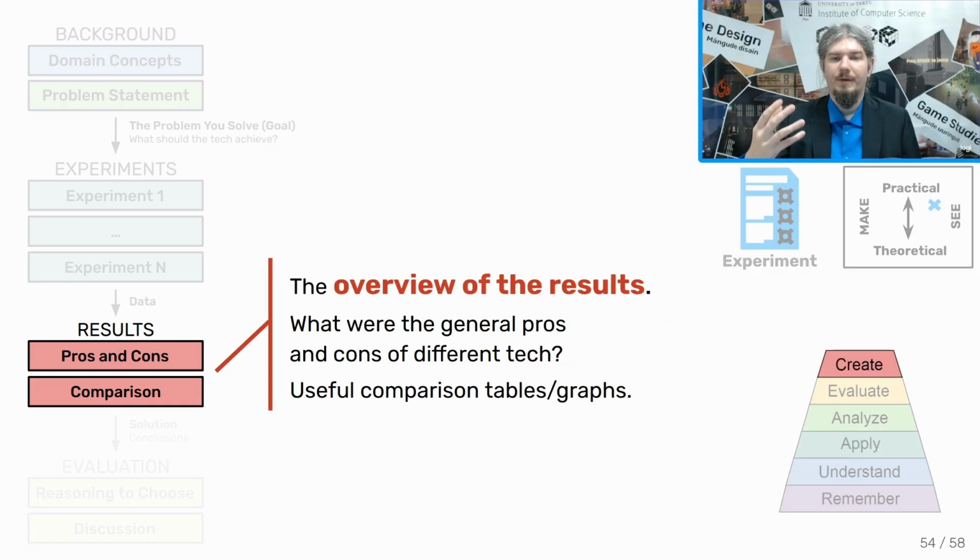That information will be written in the next section of your thesis, the overview of the results. So you take that data, you analyze it, you find some patterns in the data, you measure statistical differences.